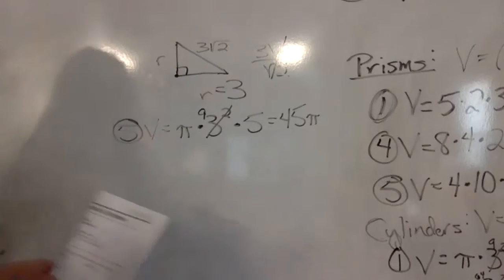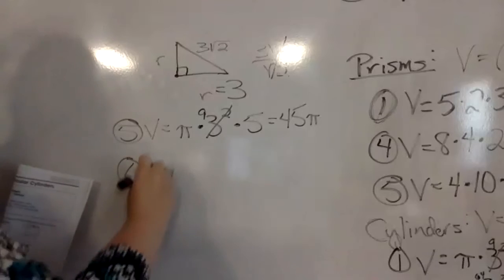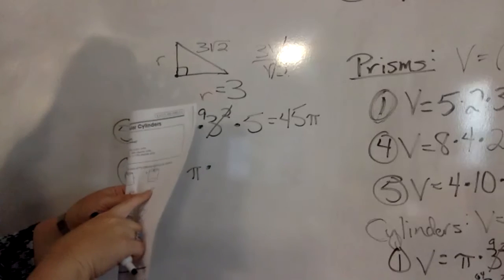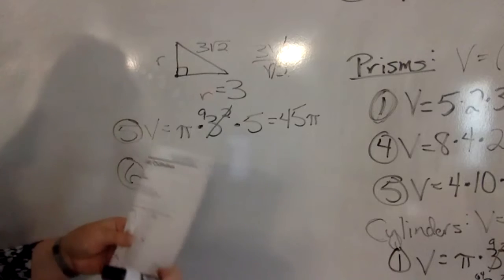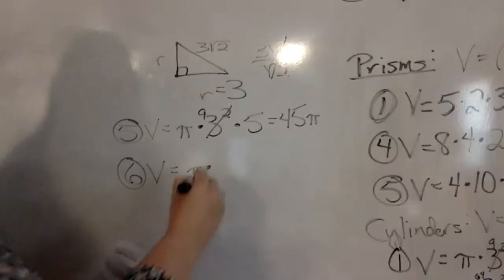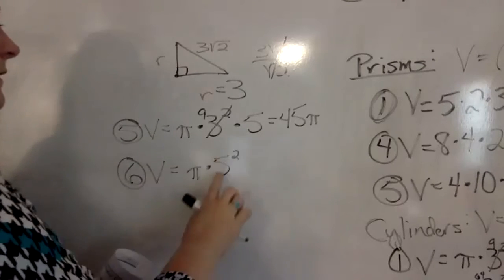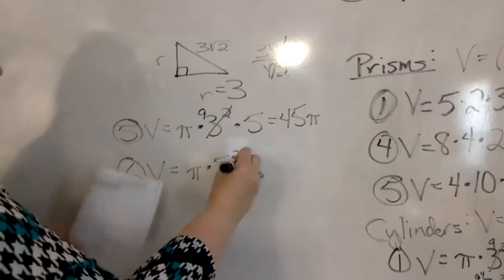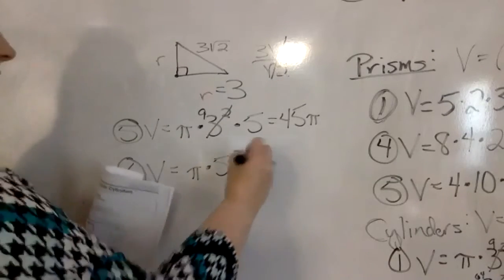So is number 6 going to be the same way? Yes. So for my volume, I'd have pi times my radius, which is not going to be 5 square root of 2. It's just going to be what? Just the 5. You would divide it by the square root of 2. And then the height is 8.